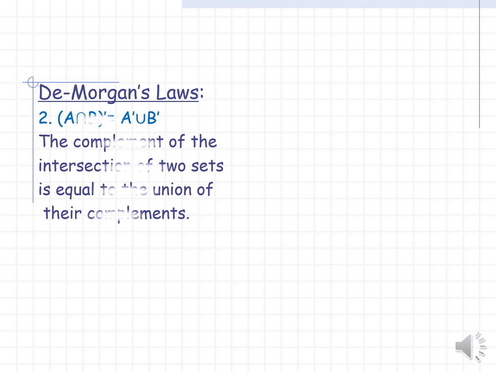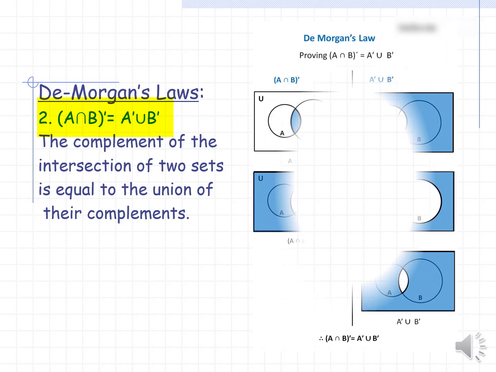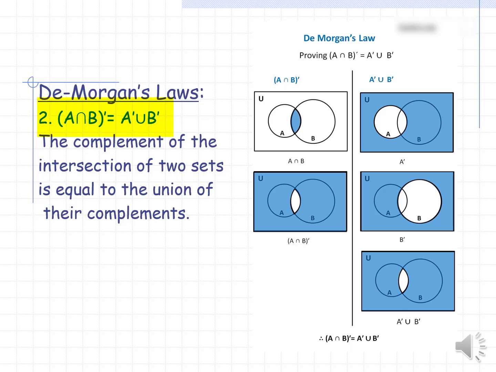De Morgan's second law. A intersection B complement is equal to A complement union B complement. Meaning the complement of the intersection of two sets is equal to the union of their complements. In this given figure, on the left hand side, in the first diagram, the blue shaded region represents A intersection B. In the second diagram, the blue shaded region represents A intersection B complement.